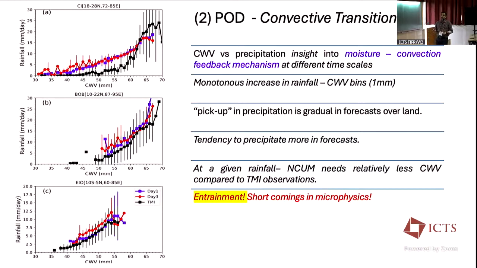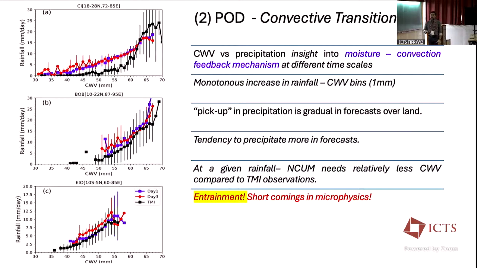But in the model forecast, there is no such pickup. It is simply gradual. That means to have 10 millimeters of rainfall, you need 60 or 58 millimeters of column water vapor in the observations. But the model doesn't need 60. It can give the 10 millimeter rainfall at 40 or 48, less than 50.